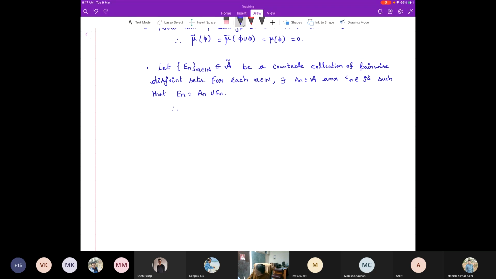Therefore, union over n in N of E_n is equal to union over n in N of A_n union F_n, which is equal to union over n in N of A_n, union with union over n in N of F_n.